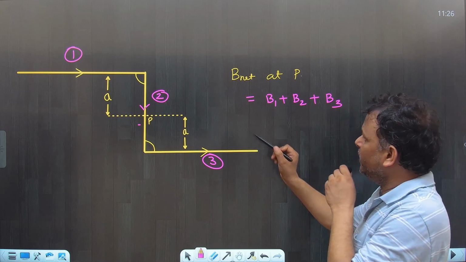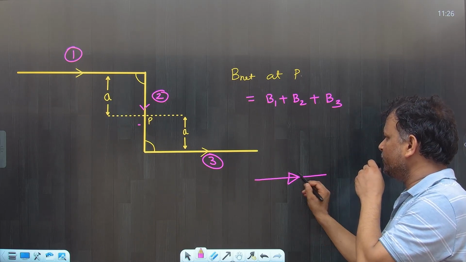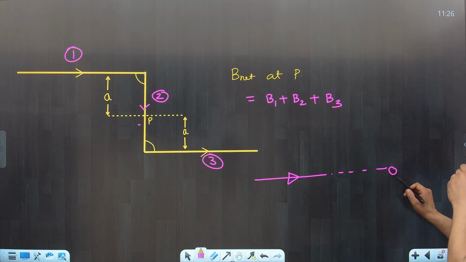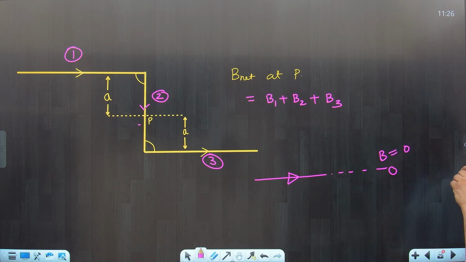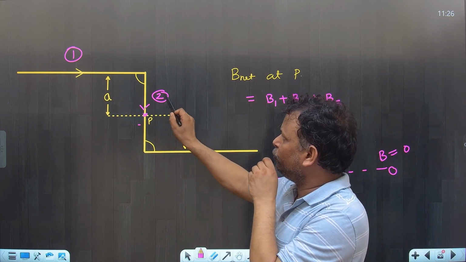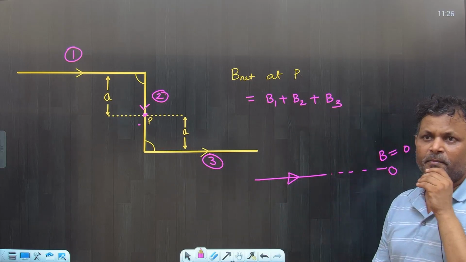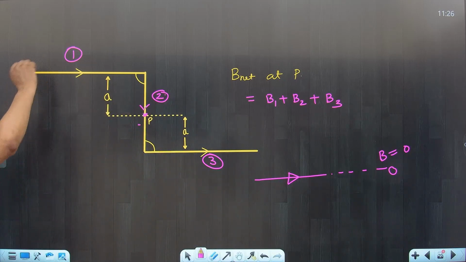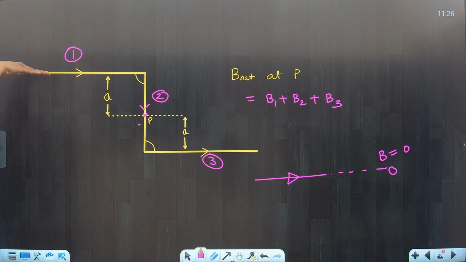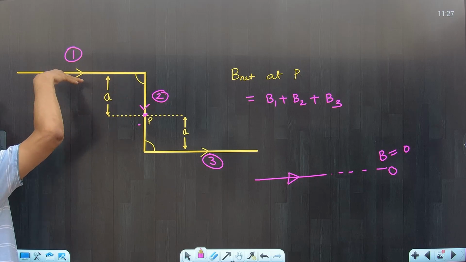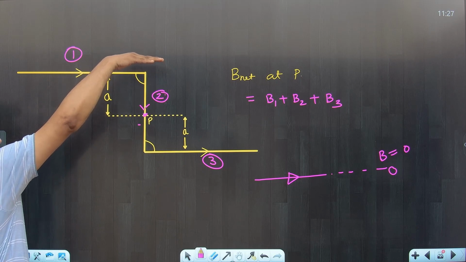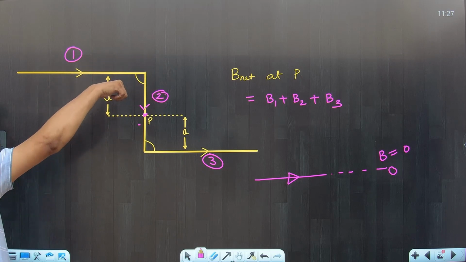See, B2: in an earlier lecture I discussed that when you extrapolate a straight conductor, all the points which lie on this conductor will have 0 magnetic field. So magnetic field at point P due to part 2 of the conductor is 0. Now consider this part 1. You keep your right hand fingers along the sense of current, palm towards P, your thumb goes inside.